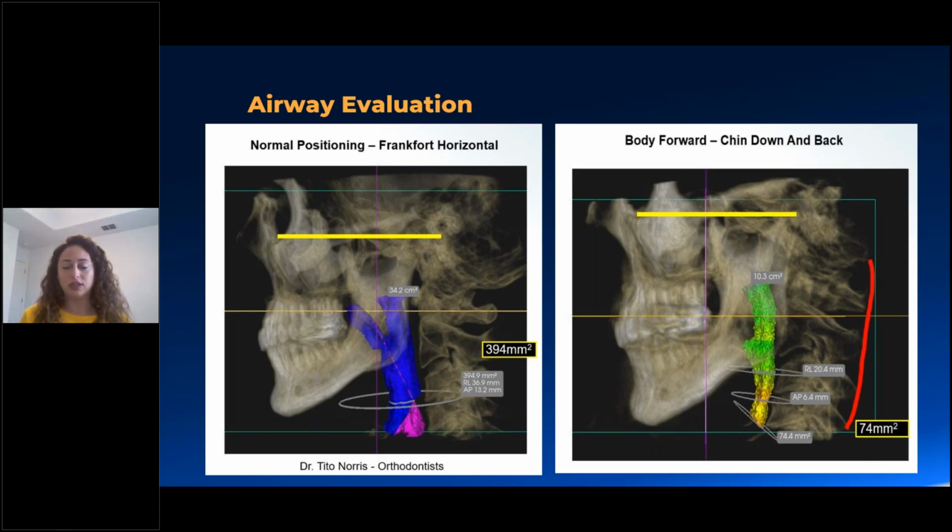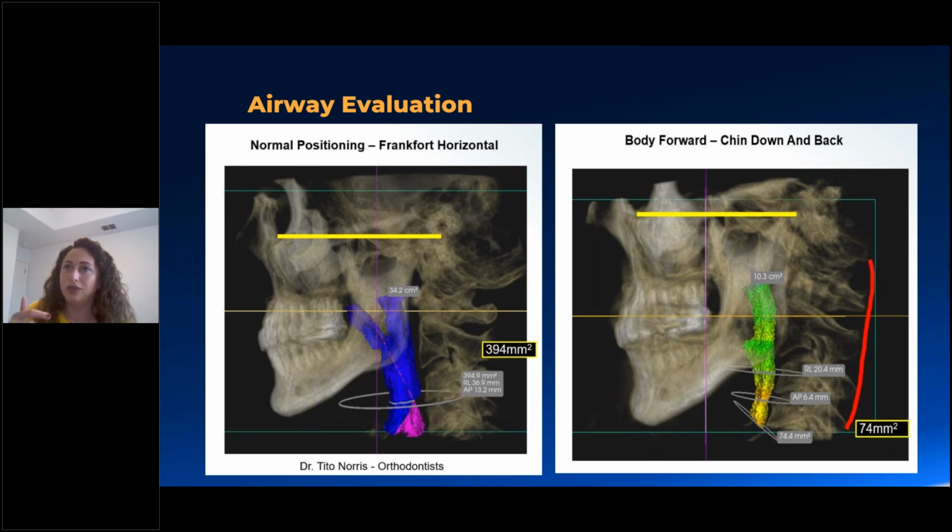If you have a patient with their shoulders back, straight neck, Frankfurt horizontal plane, then his oropharyngeal cross-sectional diameter was 394 millimeters squared, compared to having a patient leaning down, their chin is down, their neck is back, with their body forward, just slumping inside the machine. It would make us think that the patient has a risk for obstructive sleep apnea. So the measurement came down to 74 millimeters squared.